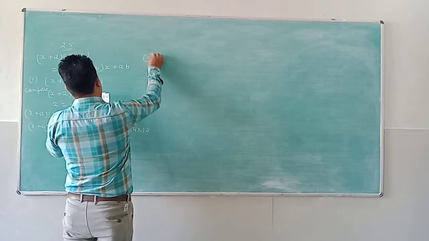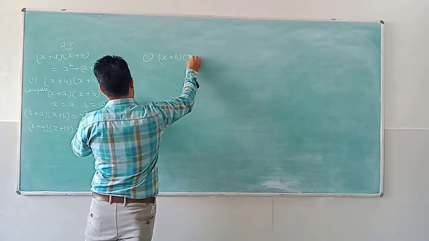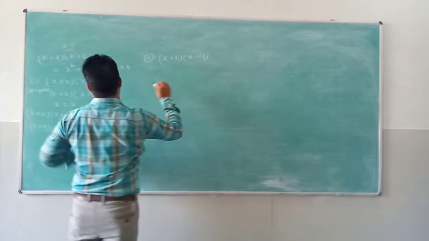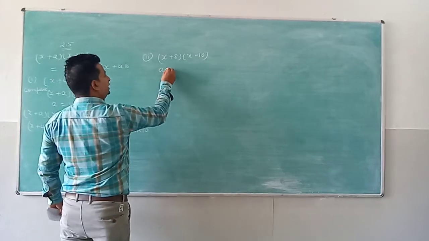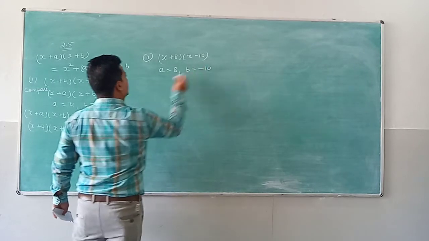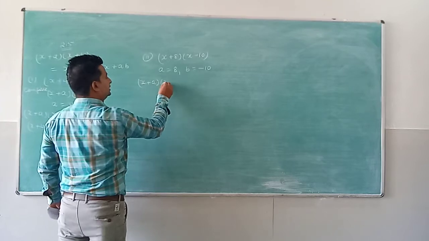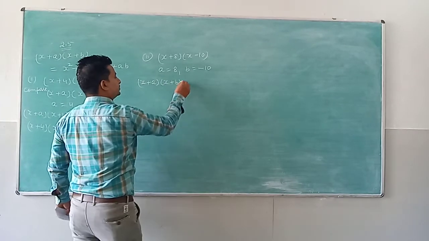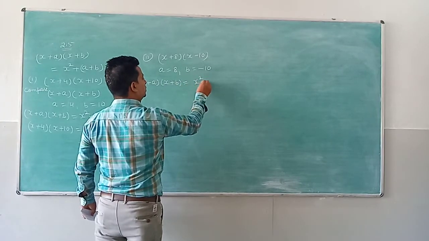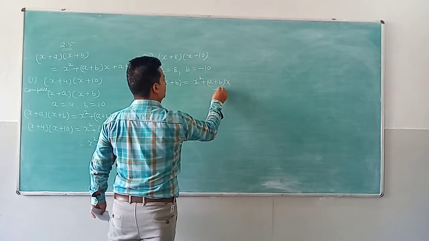In question number 2, (x + a)(x + b). When we compare this with this, a is equal to 8, b is equal to 10. So the identity is (x + a)(x + b) equals x² + (a + b)x + ab.